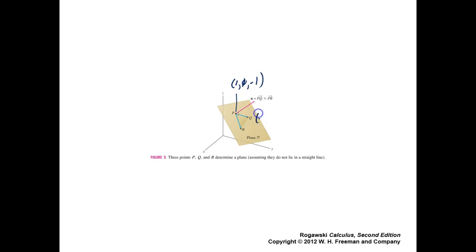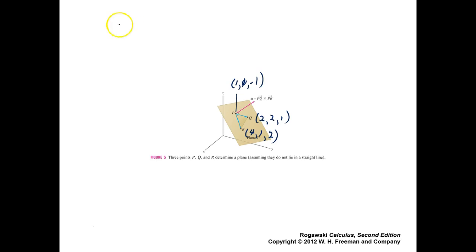Q over here is the point 2, 2, 1. That's probably not reasonable either for this drawing. And R is the point 4, 1, 2. Okay? Now, it says find an equation of the plane P determined by those 3 points. Okay?